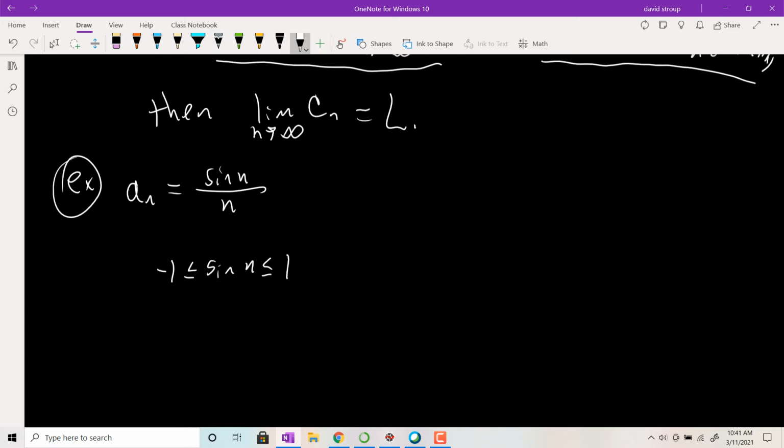So sine of n, which is just a bunch of dots, right? Sine of x looks like this. Sine of n is just a bunch of dots on that thing. So the y values are a subset of the sine of x values. So therefore, sine of n is also less than or equal to 1, right?